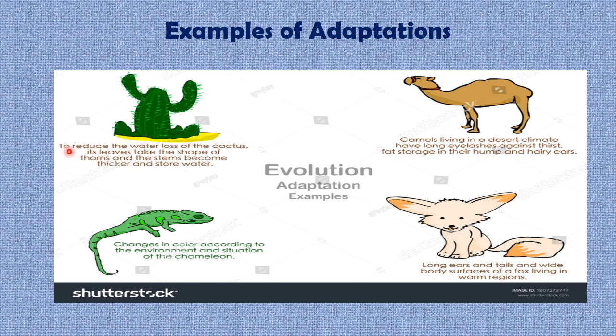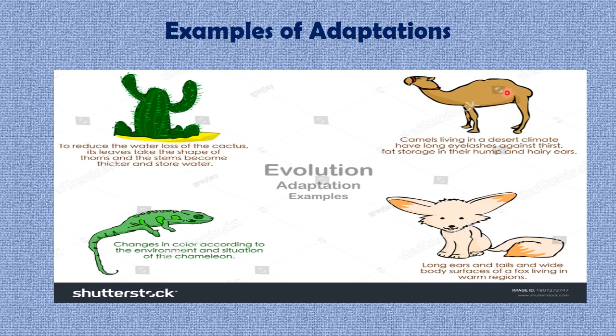In order to reduce water loss, its leaves take the shape of thorns or spines, and the stem becomes thicker and stores water. It has spines as leaves so as to reduce water loss through transpiration, and it also has deep roots which go down into the ground to get water.